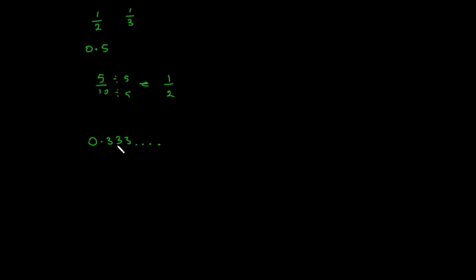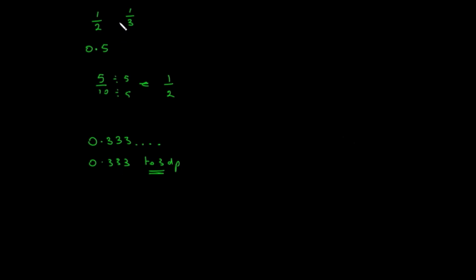If we know that those 3's go on forever, now if we round it to 3 decimal places, 0.333, always say to 3 decimal places. Always state that. Why? If you don't, they think that is the actual value that you're looking at. Now there's a problem there, and I will come back to that in a while.